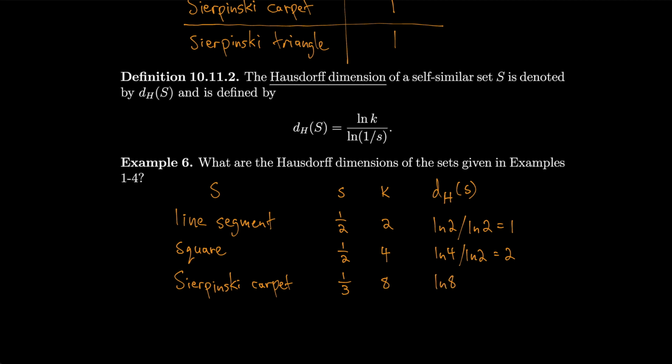So we have ln 8 over ln 3, which is roughly 1.892. How about the Sierpinski triangle? Well, in that case, we have s equals a half, k equal to 3. So we get ln 3 over ln 2, and that, again, we're going to have to approximate. So I'll write it out as 1.584.